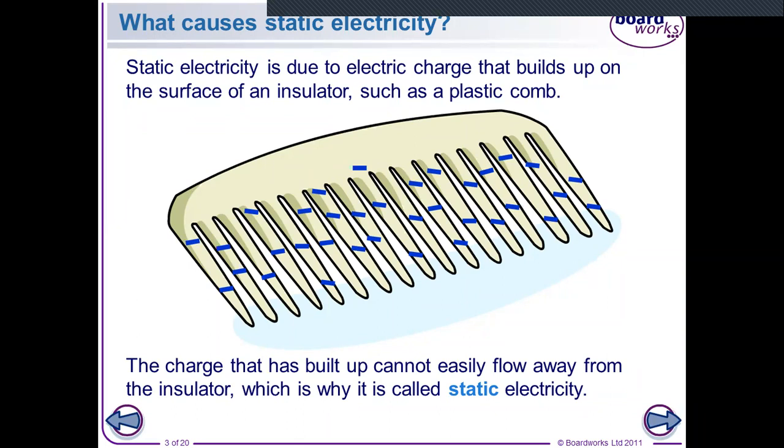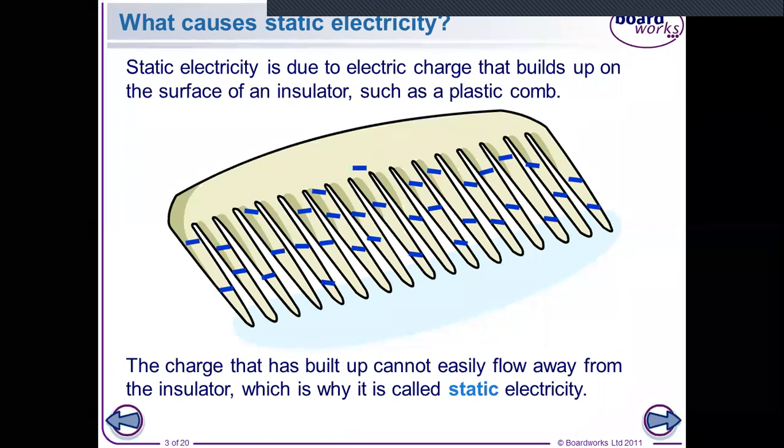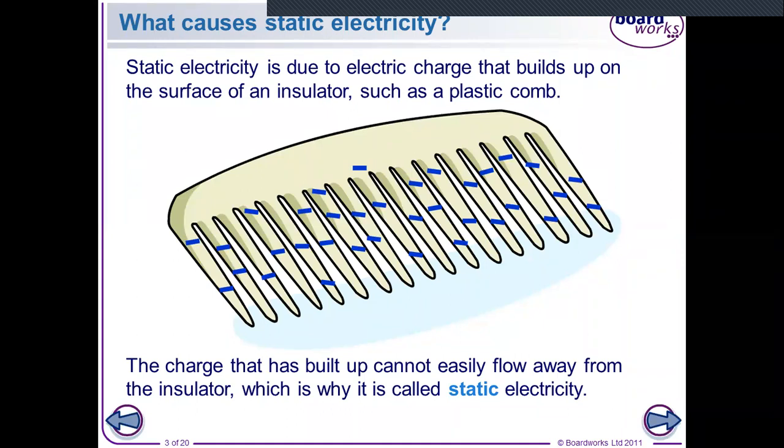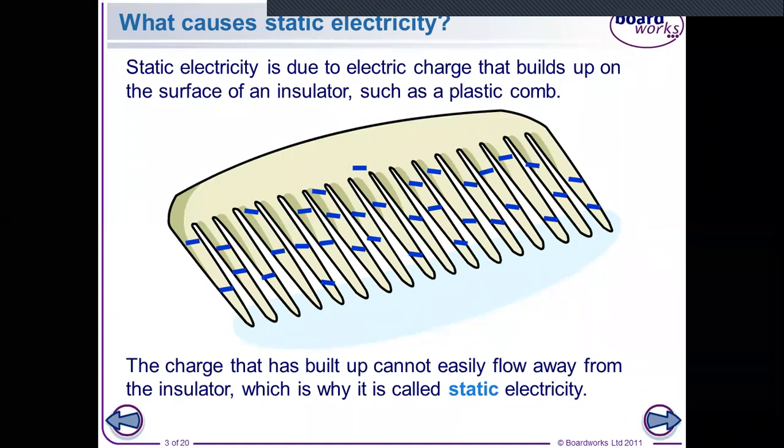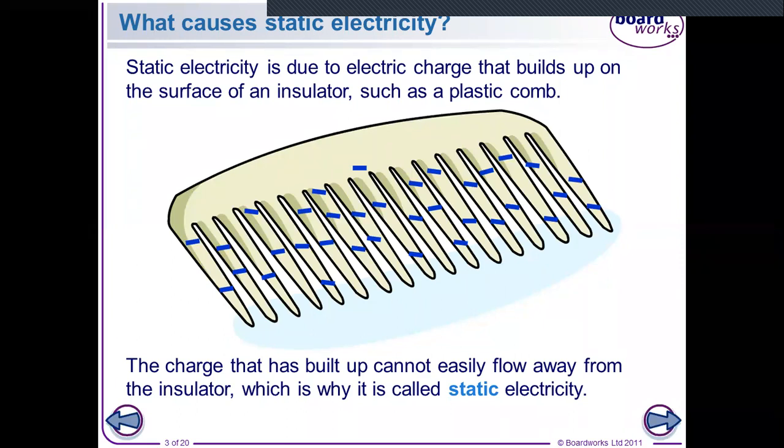So when I keep rubbing it against my head, the comb starts gaining electric charge, or negative charge to be specific. And this charge building up on the comb is what we call static electricity. Static actually means not moving, like standing still. So as I keep brushing it or moving it through my hair, it gains electricity, but in a negative charge.